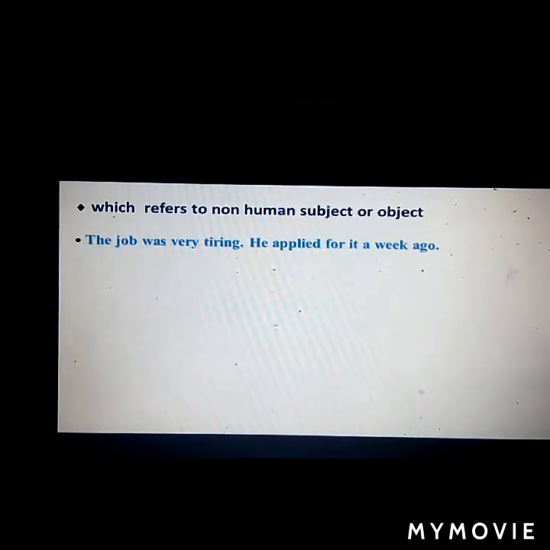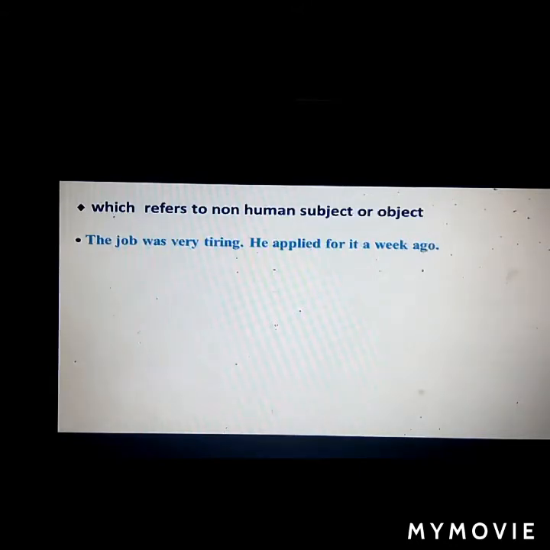He applied for it a week ago. بتكلم عن الجوب وعملت إشارة ليها بإت. طبعا non-human singular بستخدم معاه it، non-human plural بستخدم معاه they. إذا كان مفرد غير عاقل بشير إليه بإت، أما إذا كان جمع غير عاقل بشير إليه بthey. طب هنا عشان job non human غير عاقل هستخدم معاه which.